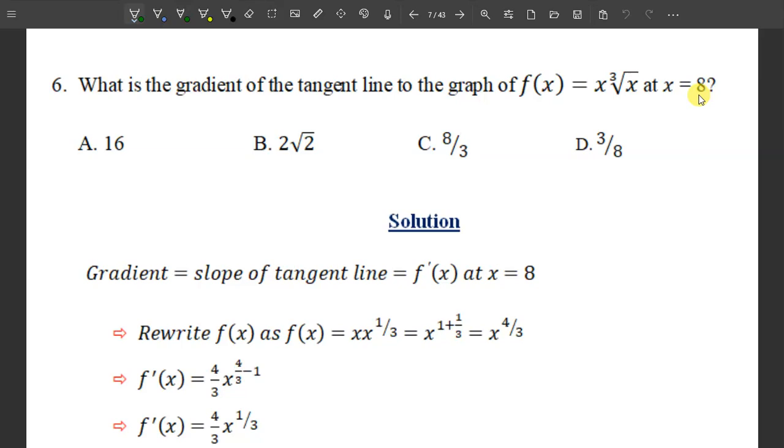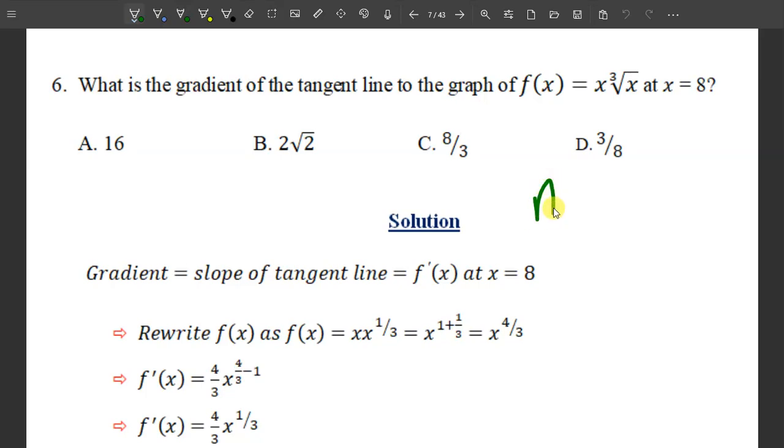Now, what is gradient? What do you mean by gradient? Gradient of a line means it is simply the slope of a line. The slope of the tangent line, as we have already seen, is equal to the derivative of the function at x is equal to 8, and therefore the gradient, which is actually the slope of the tangent line, can be written as follows.